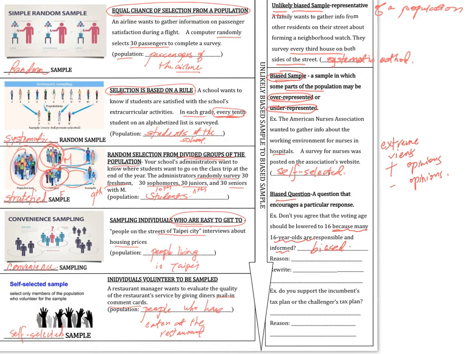And I would like to write the reason would be it suggests lowering the age is a good thing to do. So if we were to rewrite this so that it's not biased, it would be, do you think the voting age should be lowered to 16? And take out the clause.